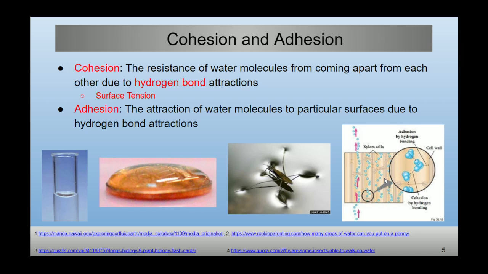This is done against gravity, through adherence of water molecules to the cell walls of the xylem cells. You also get cohesion between the molecules, and that allows the water to go up the xylem cells together in unity.